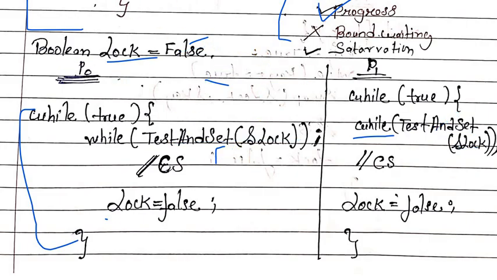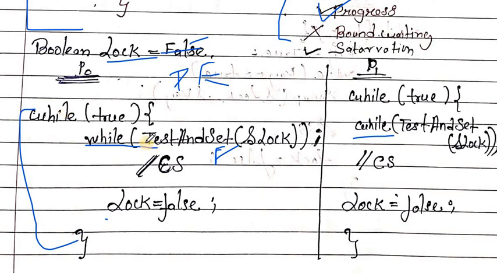So here P0 comes and tries to execute the critical section. Check the condition: test and set lock is false, and set lock true. When lock is set true, P0 is in the critical section, and then makes lock false, comes out of the critical section, and again tries to enter the critical section.